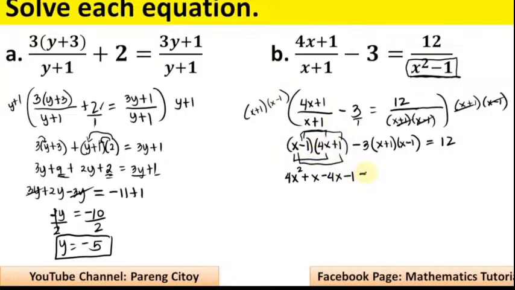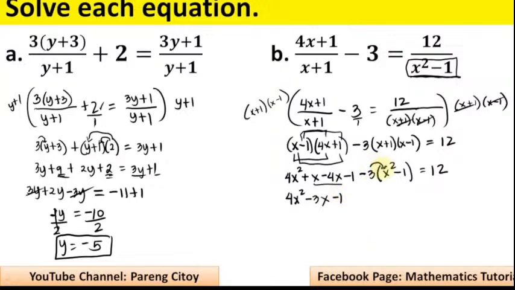Then subtract 3 times this, so that is x squared minus 1 equals 12. Then combine like terms, for x squared, this becomes negative 3x minus 1.